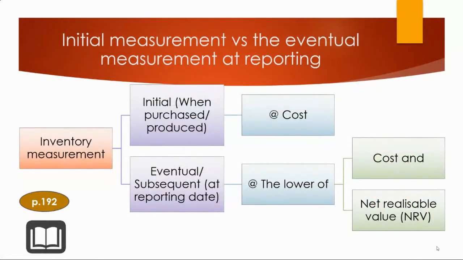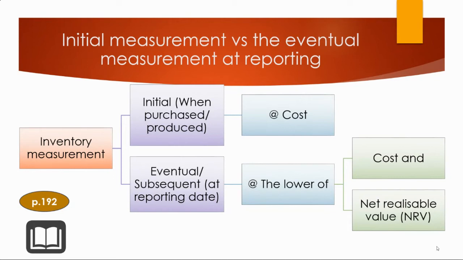Okay, now after we've recorded the inventory initially at cost, we then get to year end. So we call that subsequent reporting at reporting date. So that is our year end, when we have to create our financial statements. Then we do not necessarily record our inventory at cost.